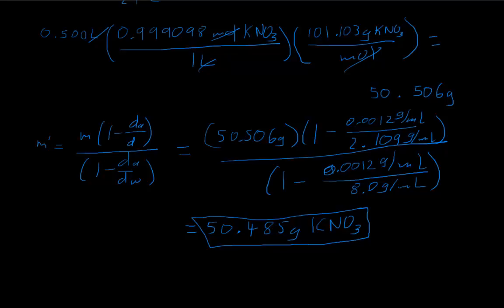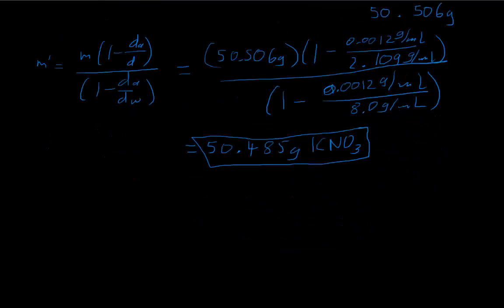Just for comparison, if you had just assumed that there was no difference in temperature and hadn't worried about this apparent mass business, what you would have calculated to make up 500 milliliters of a 1 molar solution, you would have gotten a mass of 50.552 grams to make up that solution. So notice that they're close but different. So for precise work, you might need to know that.